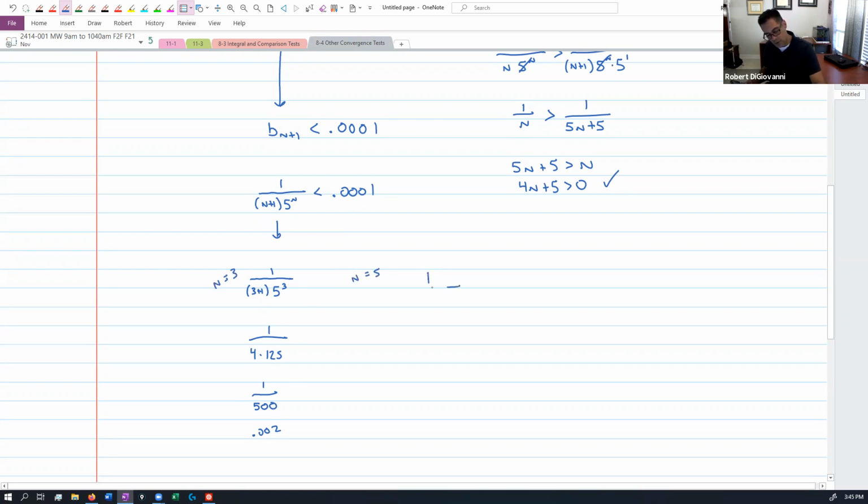Okay, so this will be 1 over, let's see, 5 plus 1, and then 5 to the, I forgot to put n plus 1 up there. Shoot. Okay, n plus 1 there. Oops, this should have been a 4. Oops, that actually might get us there. Hold on. So this is still 4. This is 4, 5 to the 4th. My apologies.